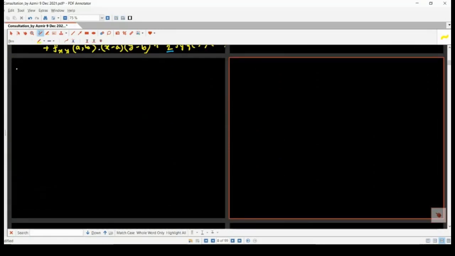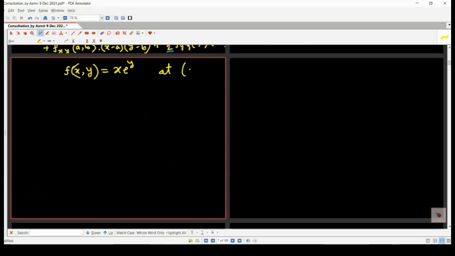Suppose we are going to find the first and second degree Taylor polynomial of a function f of x comma y equals x e power y at point 1 comma 0.